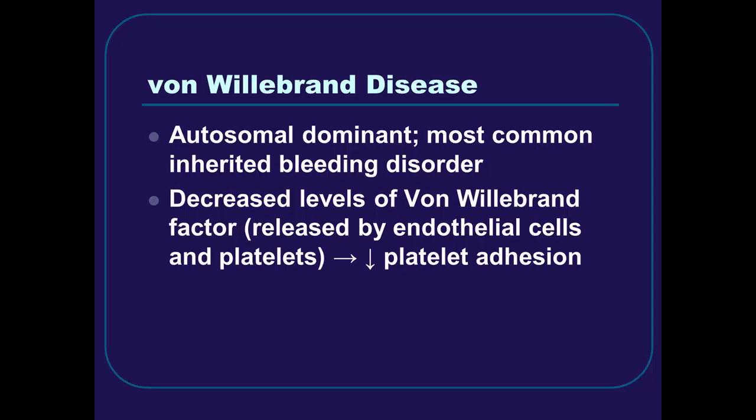In von Willebrand disease, you have the decreased amounts of von Willebrand factor. In TTP, you had enough von Willebrand factor, but you didn't have the enzyme to break it down, to make it active. So be sure that you have TTP and von Willebrand disease clearly separated in your cognitive thinking.